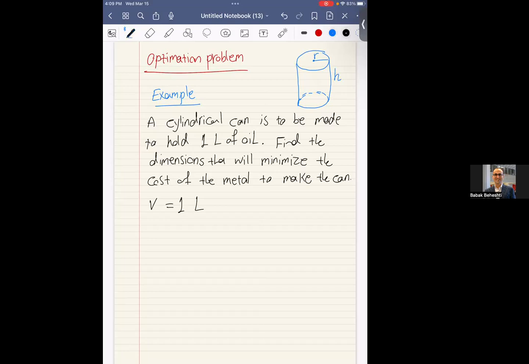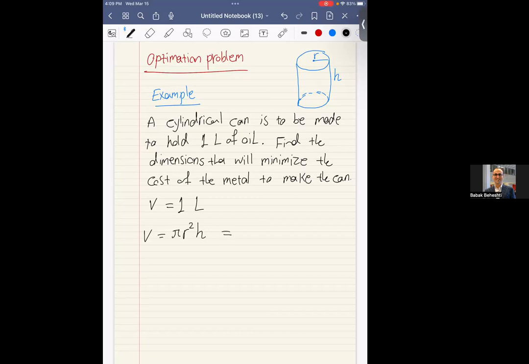So what is the volume in terms of R and H, the dimensions? The volume is pi times R squared times H, right?